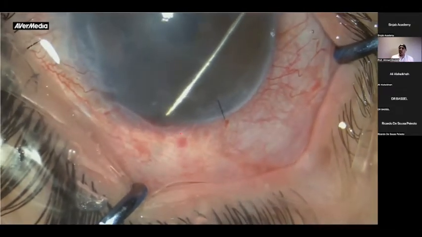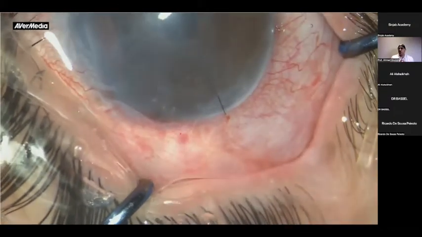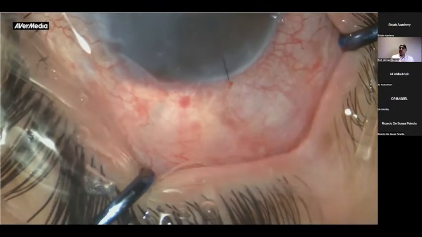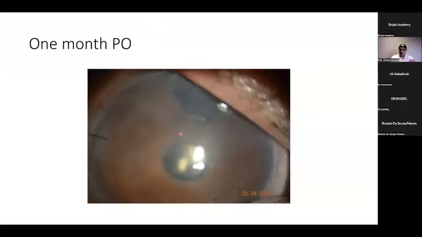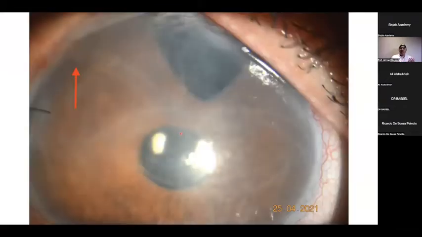I'm not quite sure that it is going to work regarding the pressure control because I don't do this on my valves. But anyway, I was so happy that post-operatively, the tube is seen here and the cornea looks slightly better, and the visual acuity of this patient is 0.4 and the pressure is beautiful.